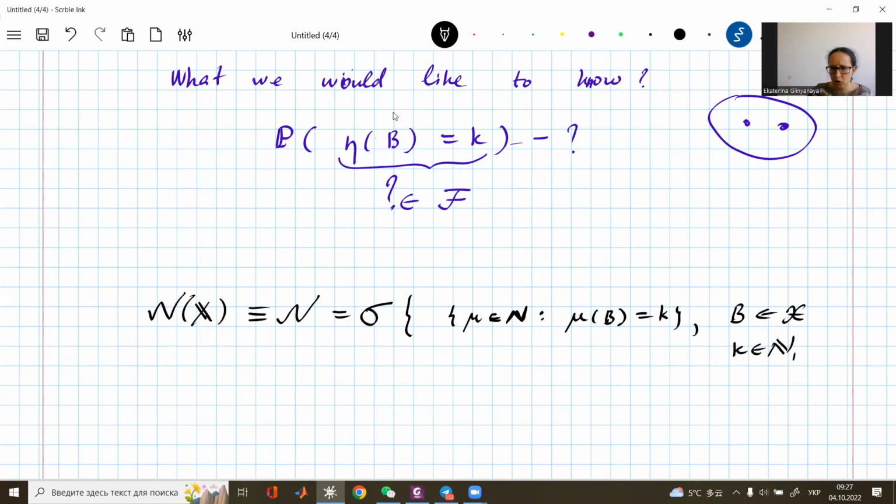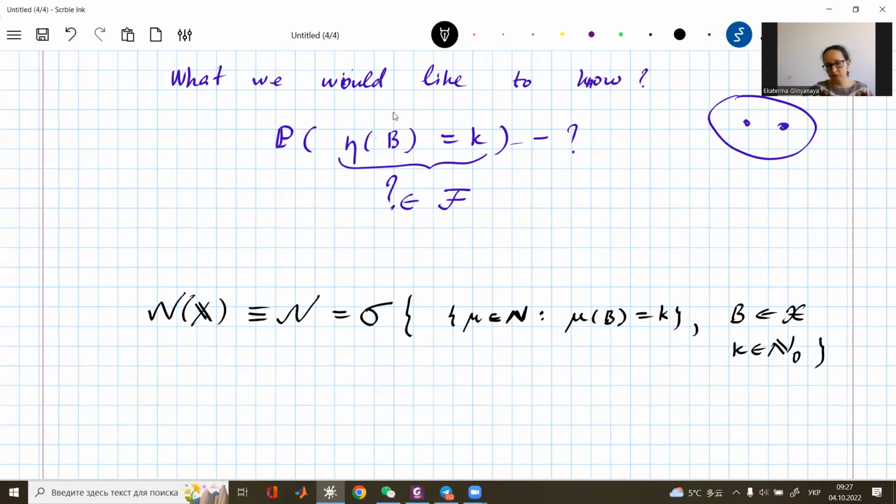I use this notation for all natural numbers plus 0. So I can construct the smallest sigma algebra that contains all such subsets of measures.